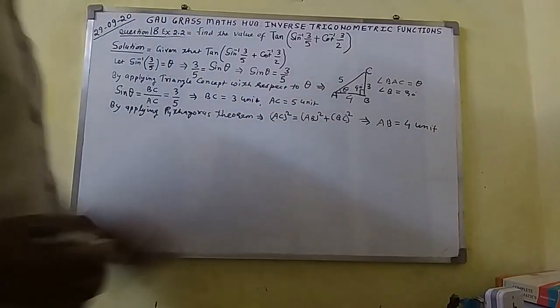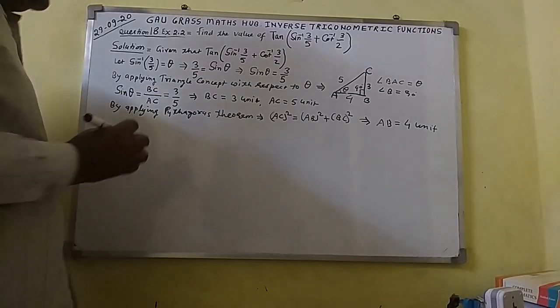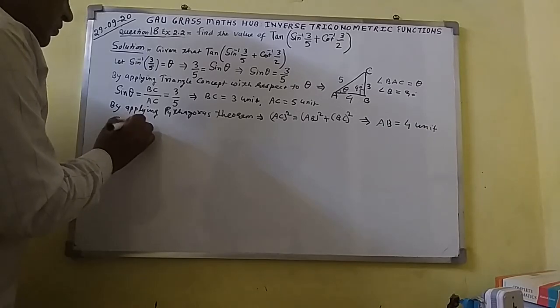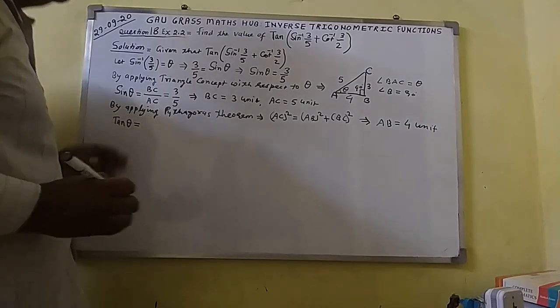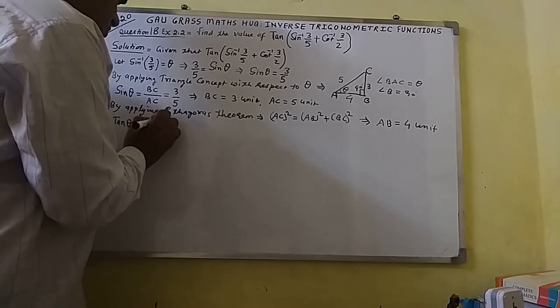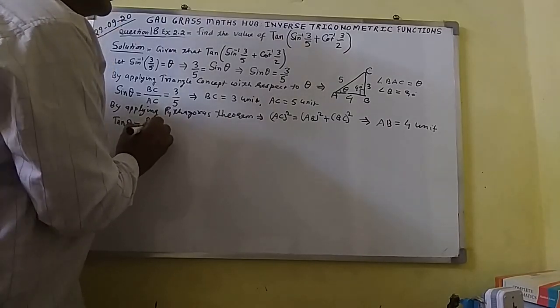Then tan theta. Now here you can write tan theta equals perpendicular BC over base AB.